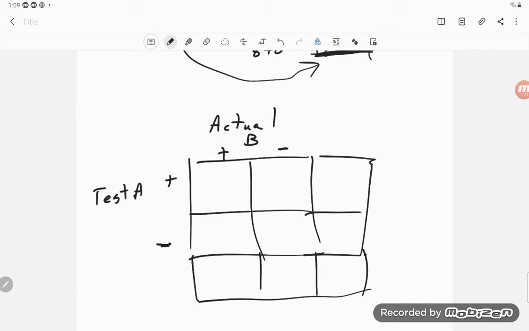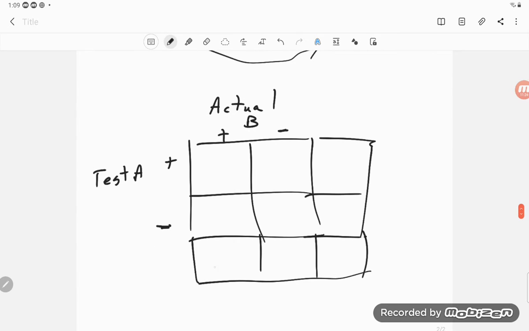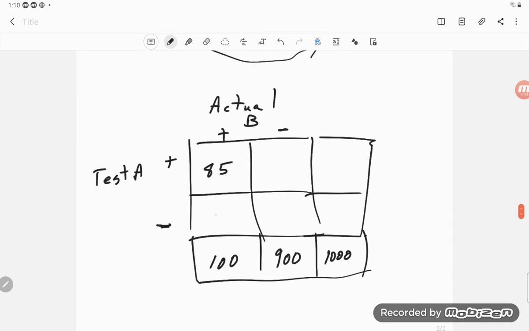And so let's go with 100 people who actually have it, 900 people who don't. So this is just, you went out and checked the population. This was actually the case, and so that's 1,000 people total. And so according to our initial numbers, of those who have it, 85 of the 100 should test positive, and 15 will test negative.